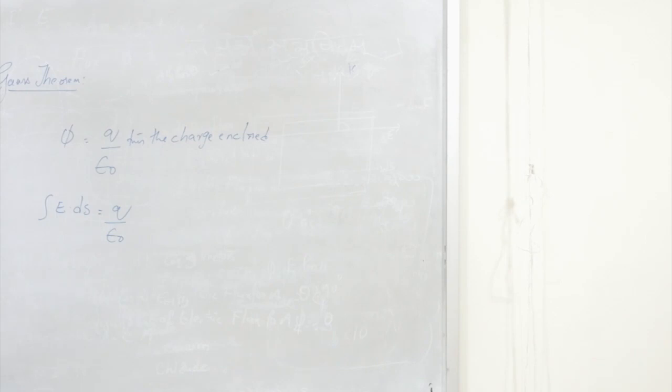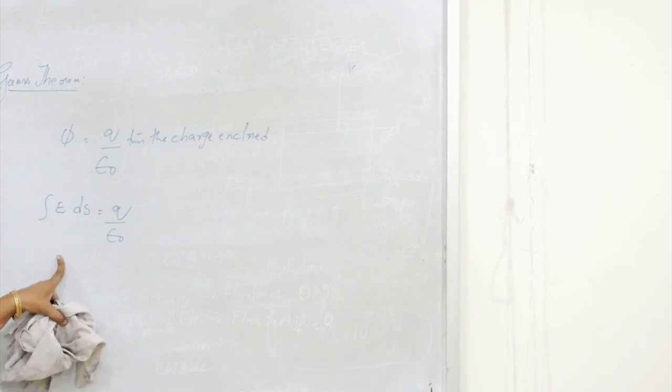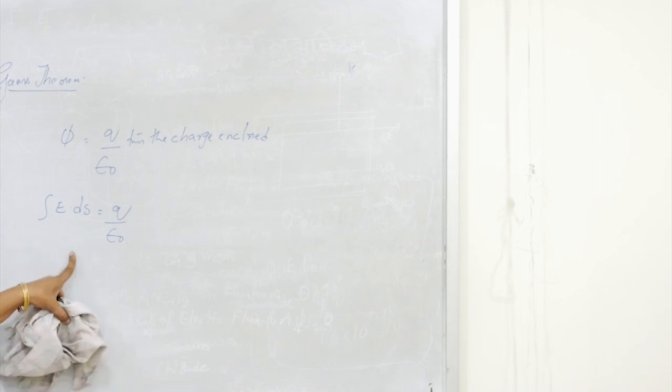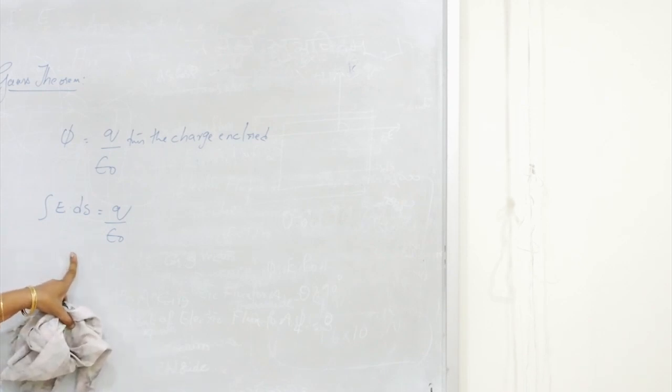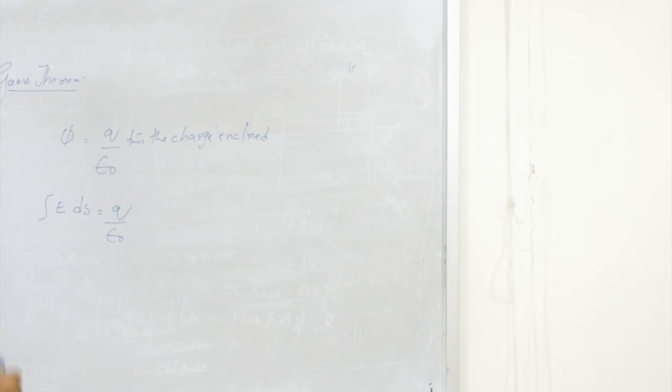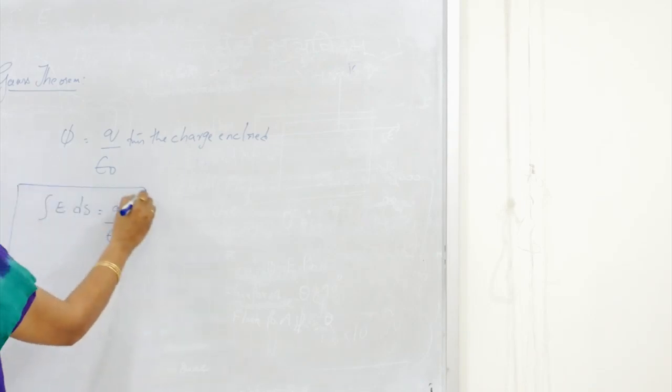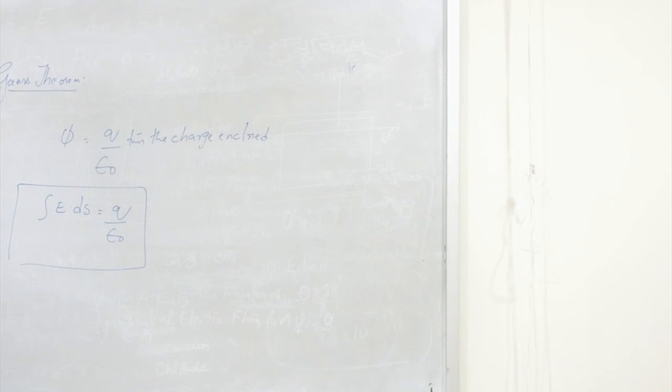This Gauss theorem is very useful to find the charge distribution for any type of surface. It is also used to find out the electrostatic fields. So Gauss theorem is useful. So integral E dot ds is equal to q by epsilon naught.